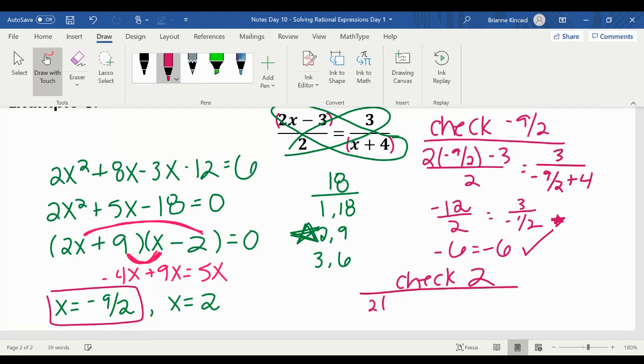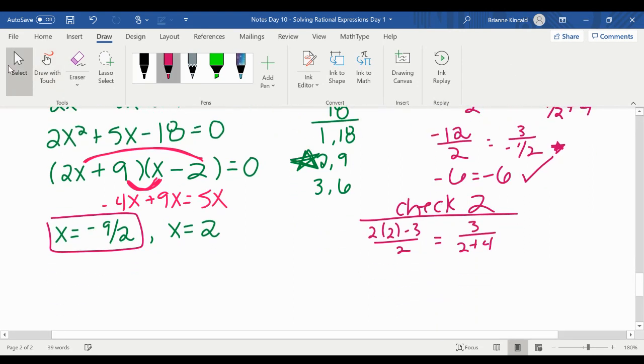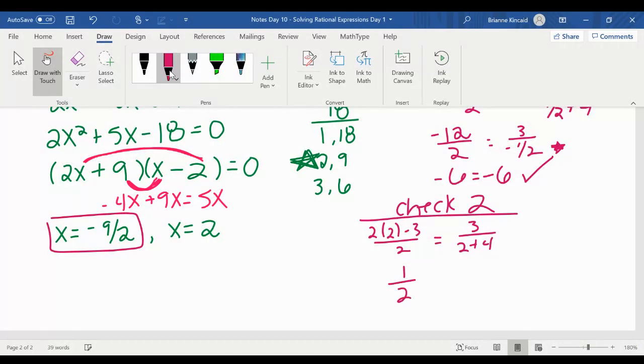So that's 2 times 2 minus 3 over 2 equals 3 over 2 plus 4. What I have in my numerator here, 2 times 2 is 4, minus 3 is 1 over 2 equals 3 over 6. They reduce to the same fraction. So 2 works as well.